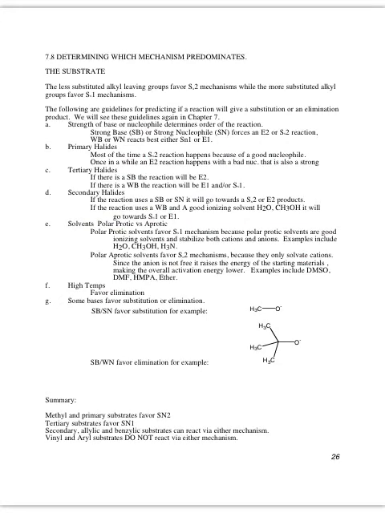So here we are back to the summary of what to look for in the substitutions. Make sure you know this page. If you have questions about it, feel free to email as we're going along. Methyl and primary substrates favor SN2, tertiary substrates favor SN1.